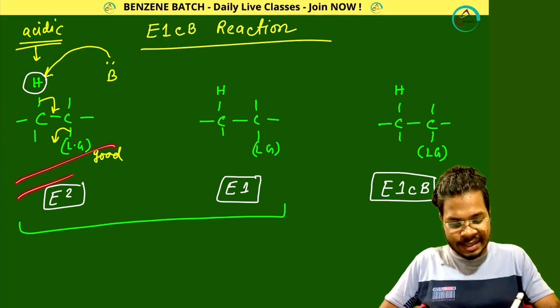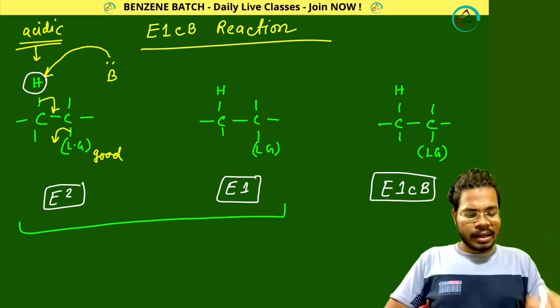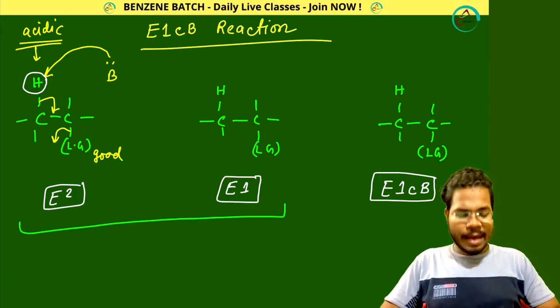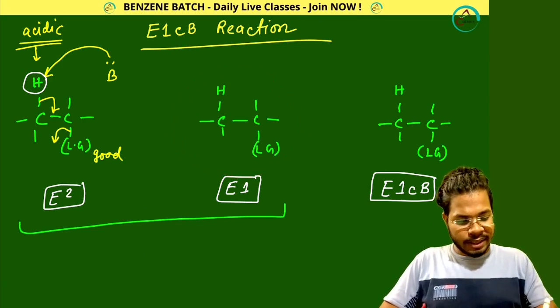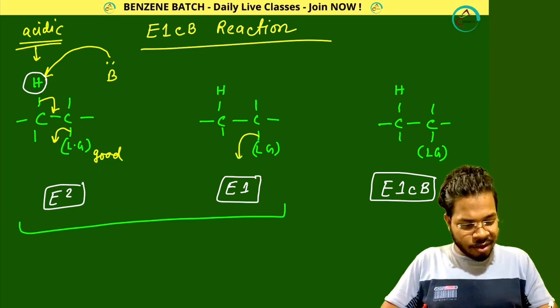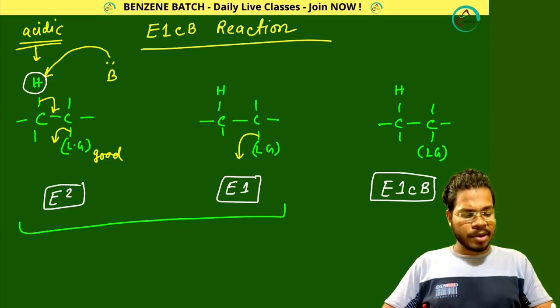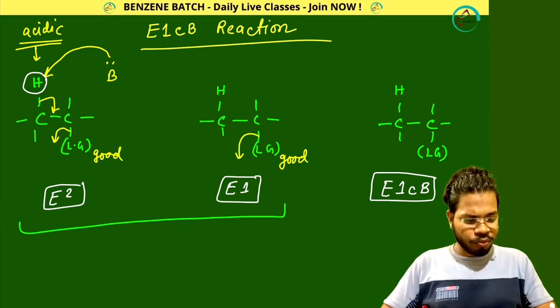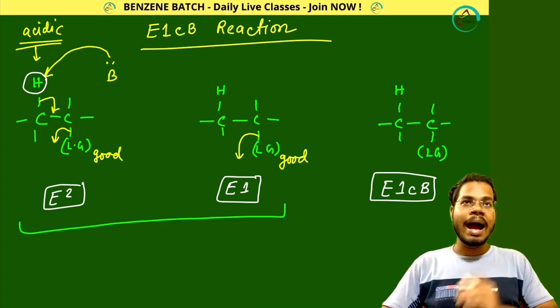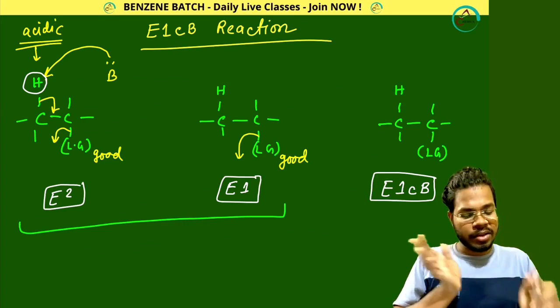I am not discussing it again. Coming to the E1 reaction, the same thing happens, but in the opposite order. In the first step, this leaving group leaves, because it is also a very good leaving group.